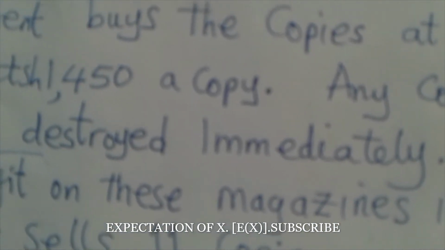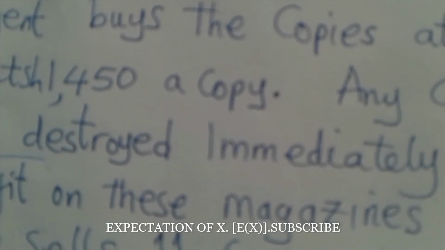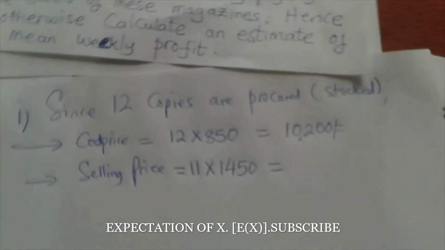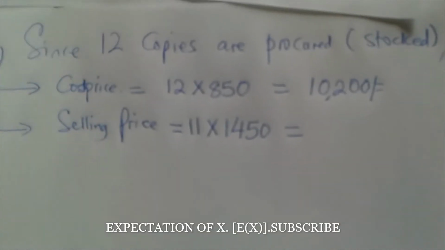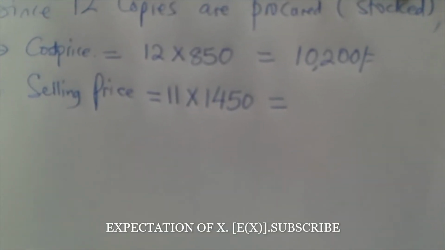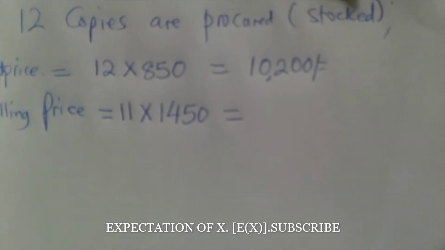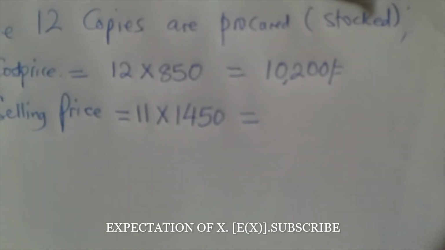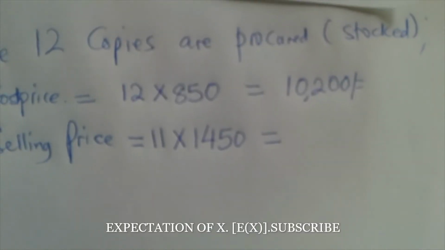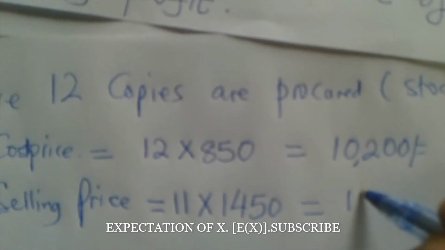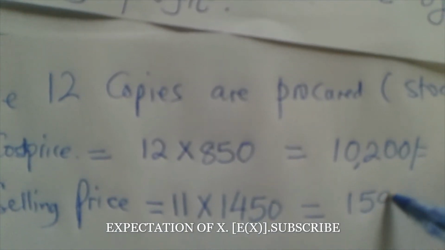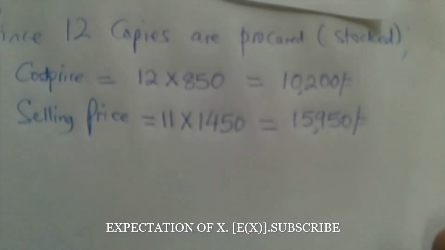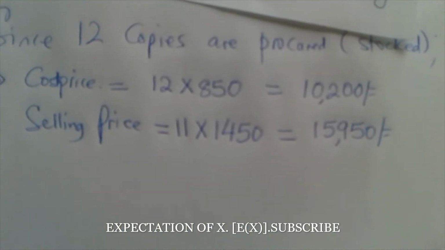It is sold at 1,450 shillings, and that will give us the selling price. So you will have to get 11 times 1,450, and the calculator will give 15,950 shillings as the selling price.